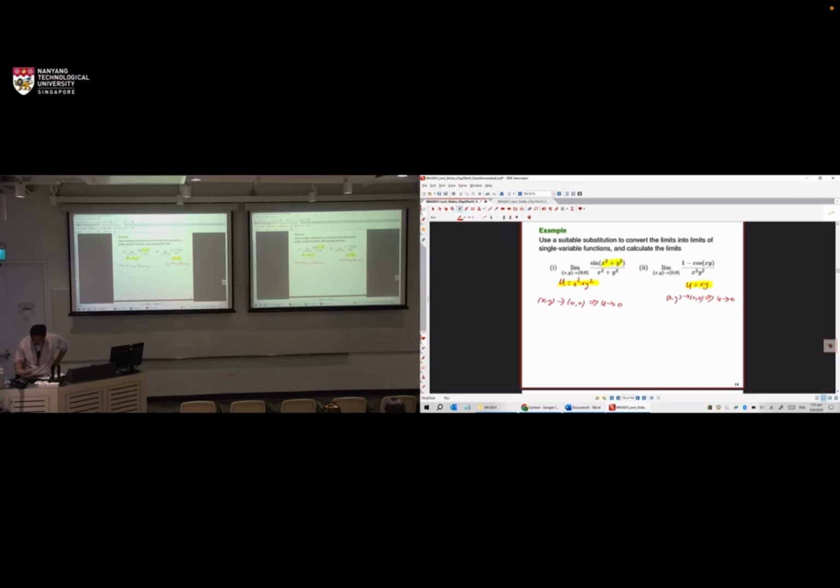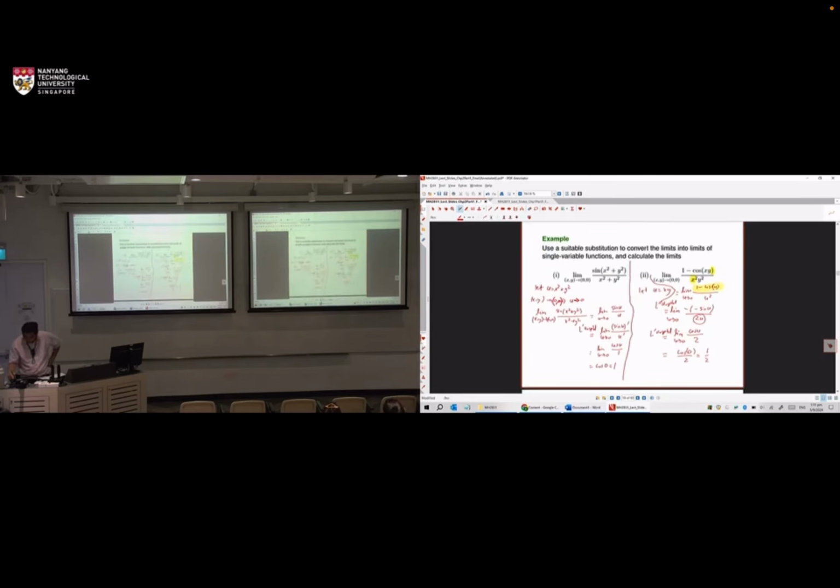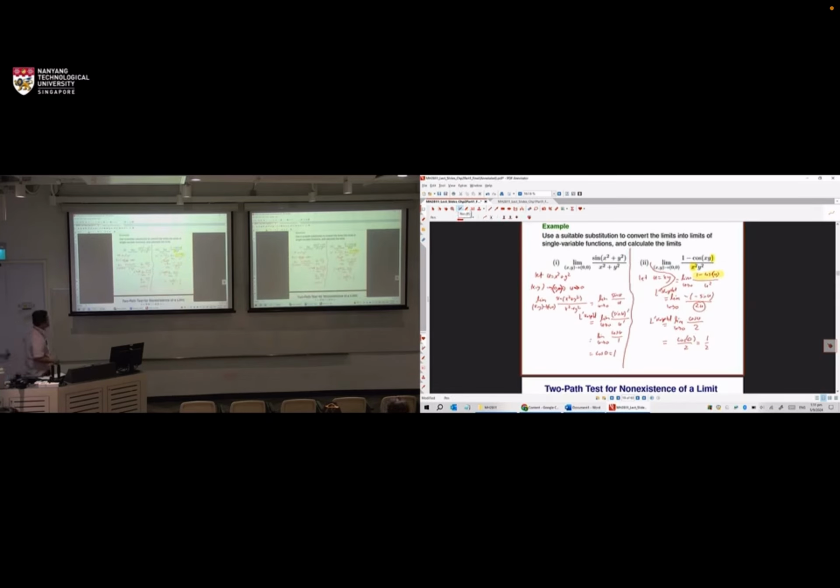Then we try to see whether we can work out something. Let u equal xy. So you change the limit to u approaching 0 of 1 minus cosine u over u squared.